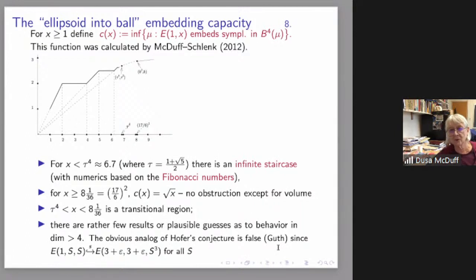The first one was done by Guth, of E(1,S,S) into something which is controlled at just above 3 in the first 2 coordinates, and it's very big in the third coordinate. Because S can be as big as you want, there's no numerical condition like Hofer's condition that's going to deal with that. So nobody knows what the right answer is.